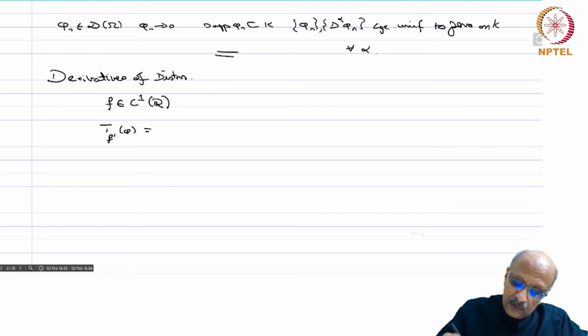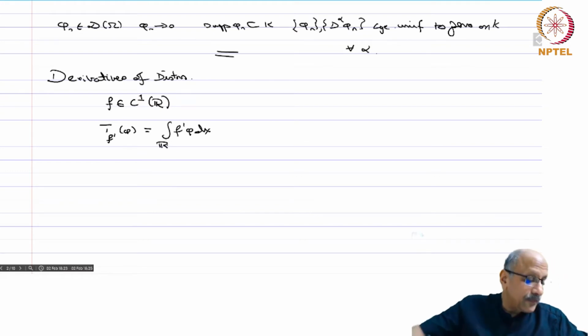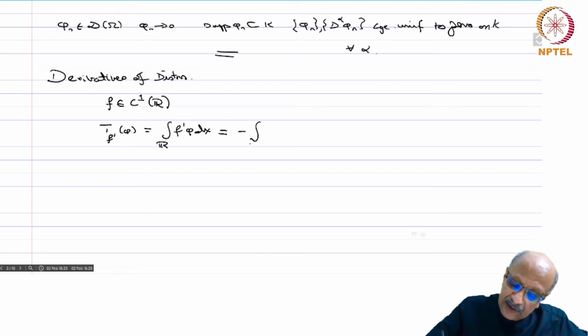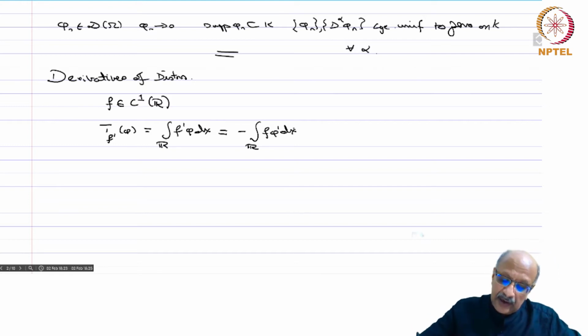This is equal to the integral of f dash phi dx over R. Now you integrate by parts, so this will become minus the integral over R of f phi dash dx. There should be some boundary terms, which is evaluation at plus minus infinity of f phi, but phi is of compact support, so it vanishes at infinity, and therefore there will be no boundary terms.